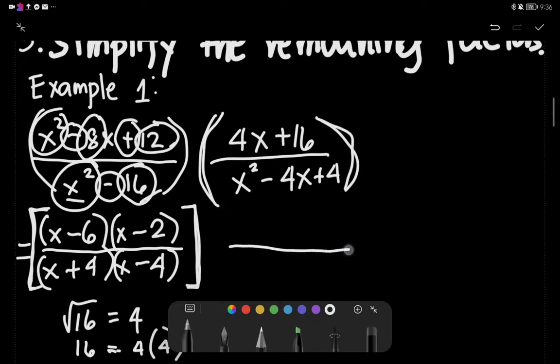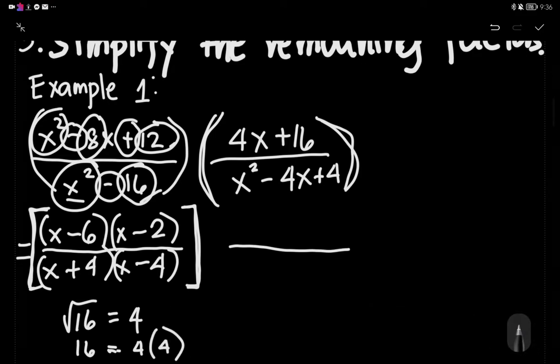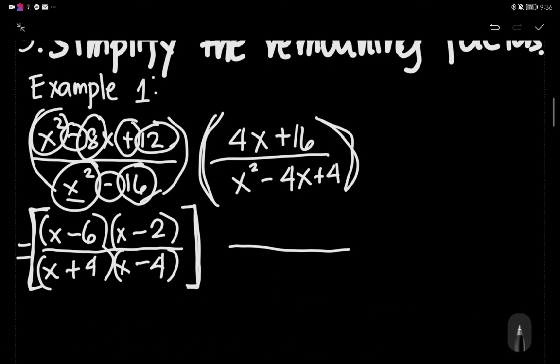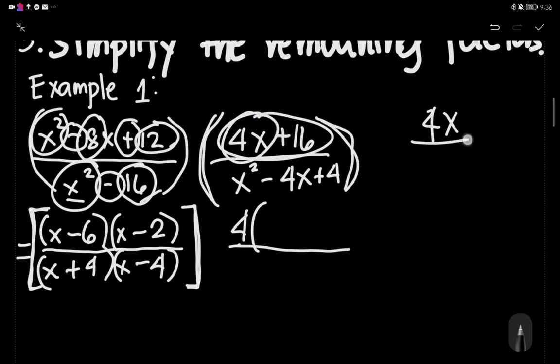Let's factor the second expression. The second rational algebraic expression. Let's clean this first. Okay. Now let's factor out this one. We can reduce 4x plus 16 by dividing that by 4. Now, what is 4x divided by 4?